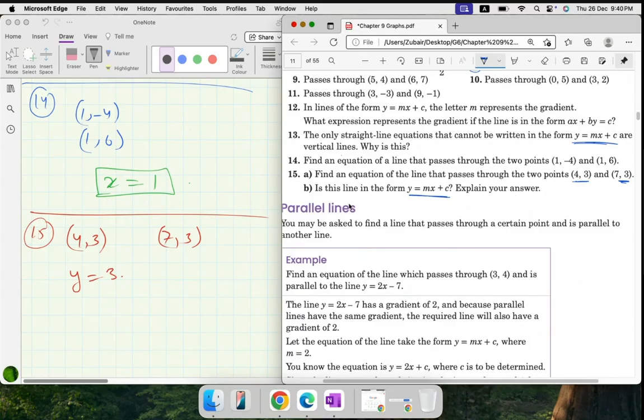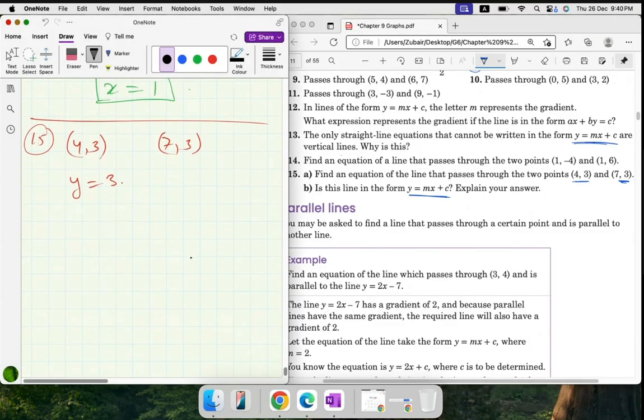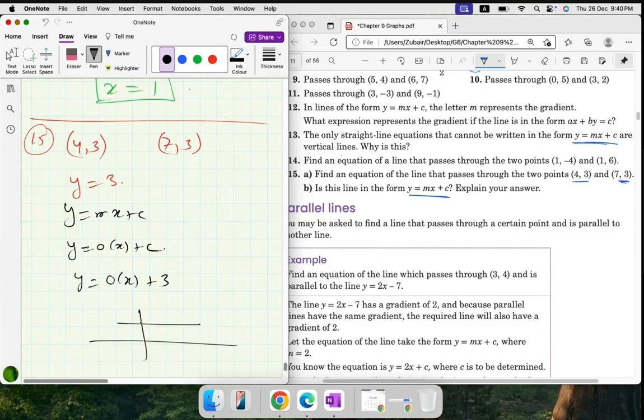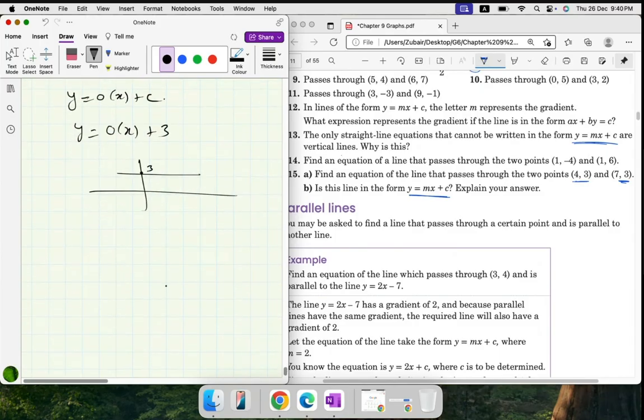Explain your answer. We can still say yes because it is y is equal to mx plus c where m is actually 0. So the gradient is 0 and y-intercept is 3. So we can say yes.